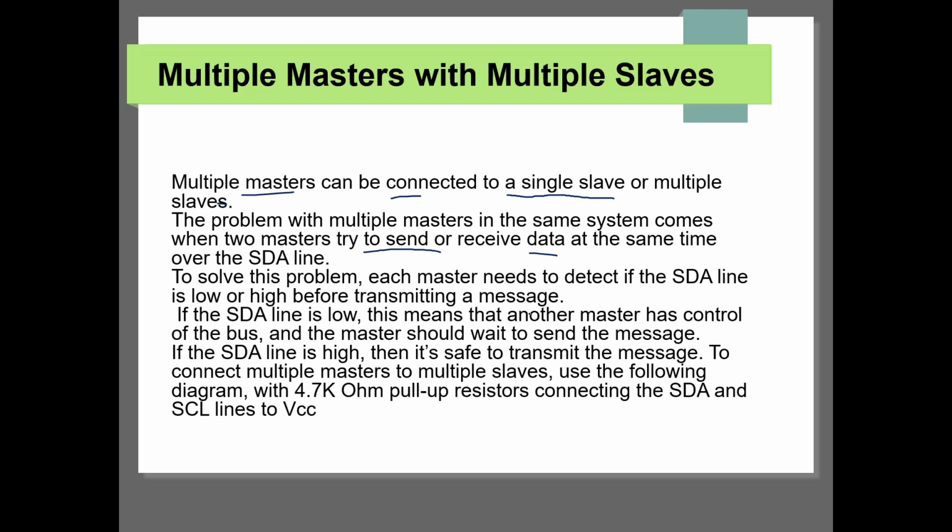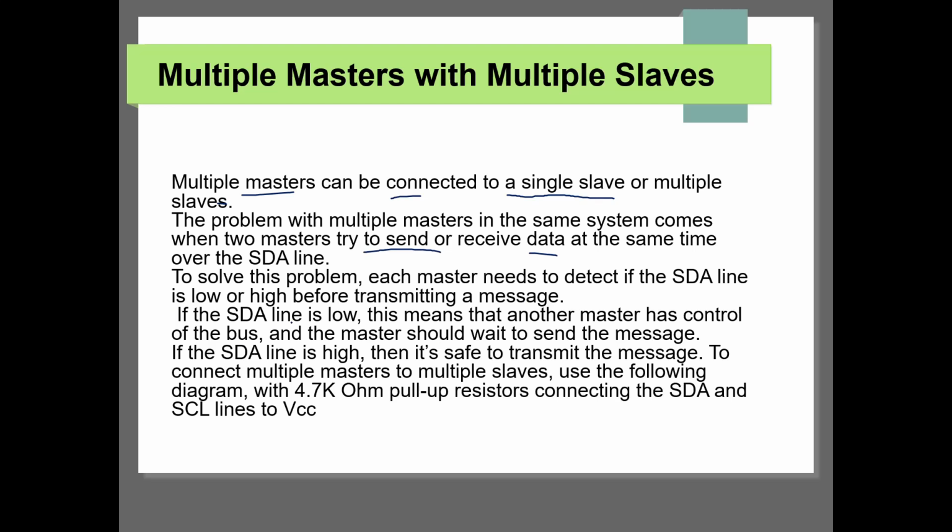I told you this is a wired AND gate. Wired AND gate means whoever has the lower address wins the race. Here also, if multiple masters are communicating on the same SDA line at a time, then we have an issue. At that time it can see which address is low.